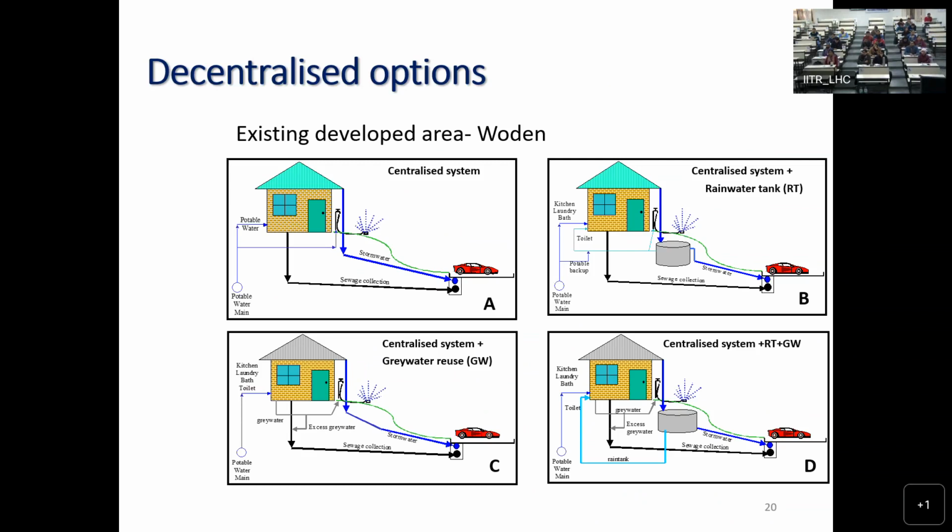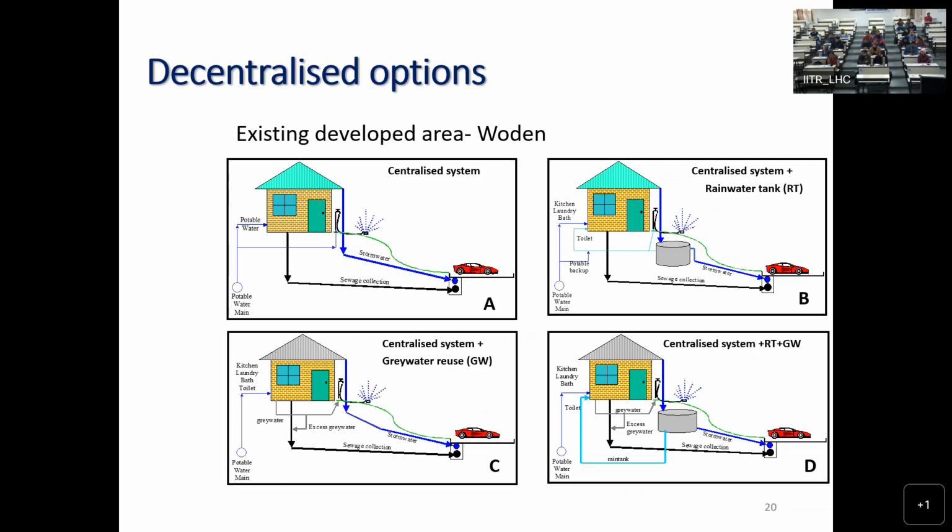So these were the combinations. This water will be used for any non-potable purpose. What we did, we collected grey water from the showers, and the black water was going again into the wastewater network.